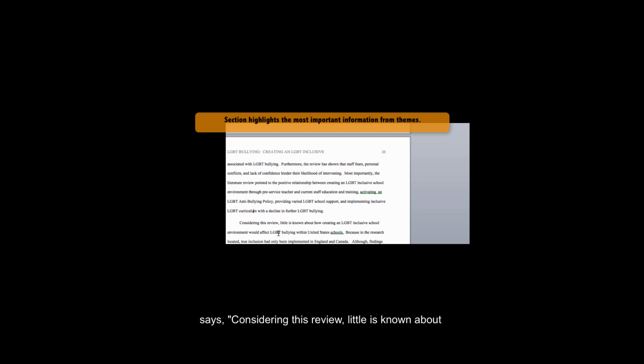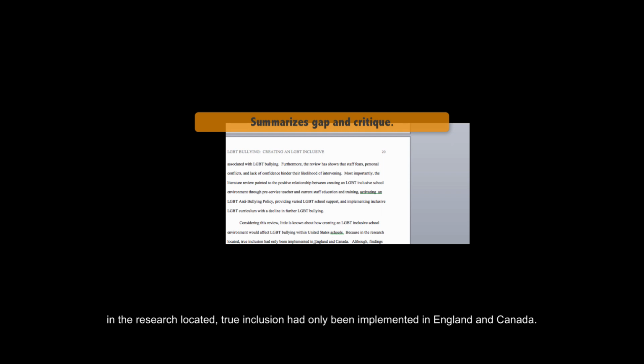The next paragraph says, "Considering this review, little is known about how creating an LGBT inclusive school environment would affect LGBT bullying within United States schools, because in the research located, true inclusion had only been implemented in England and Canada. Although findings in the United States did discuss the positive correlation with a decline in LGBT bullying as a result of teacher education and training.